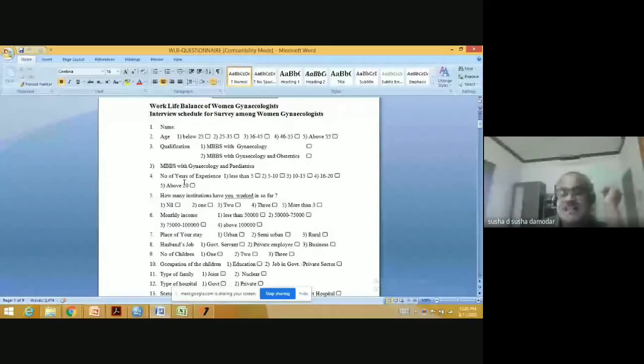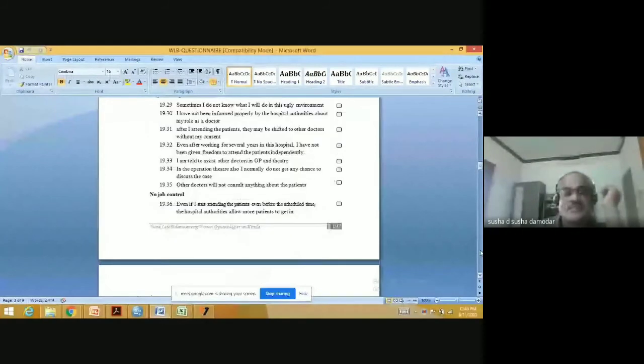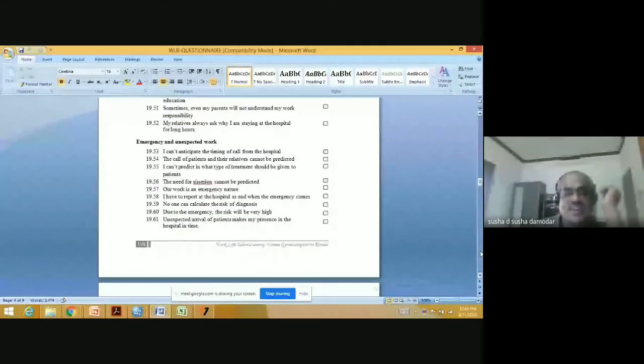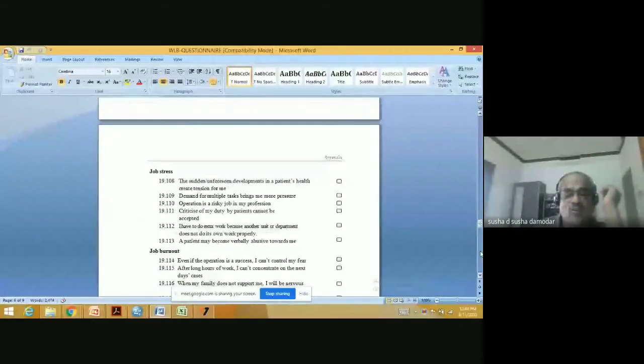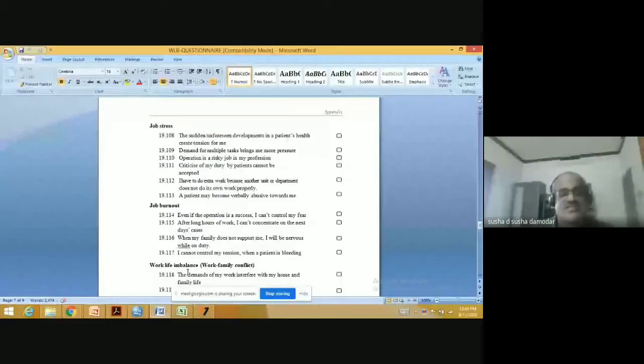See, I will show one application. You just observe. In the questionnaire, work-life imbalance, one of the dependent variables, work-life imbalance.